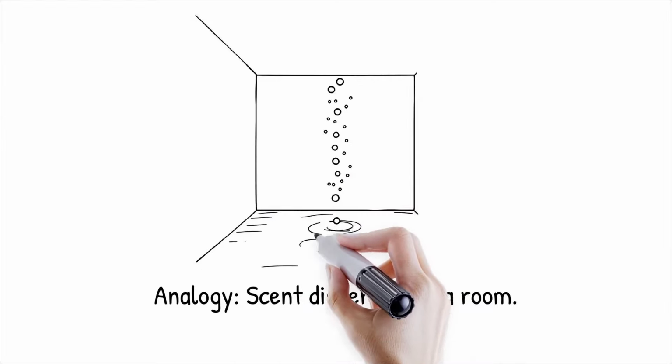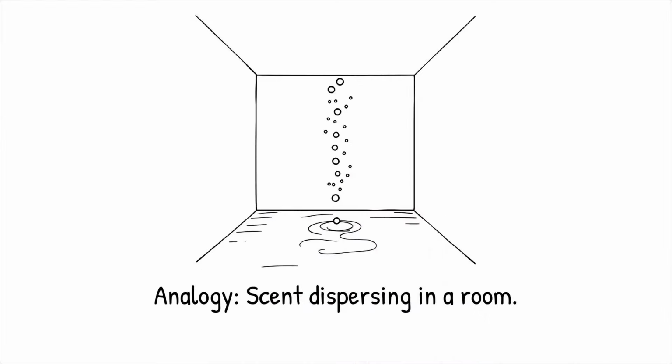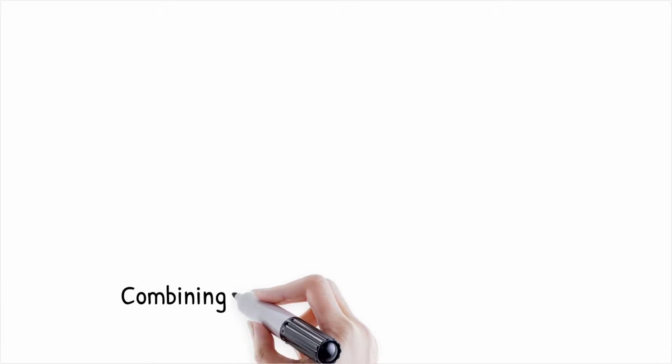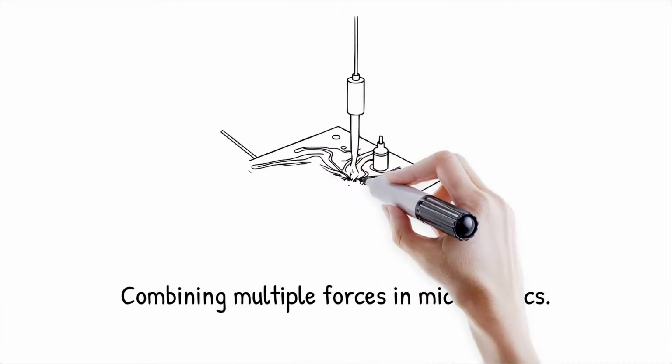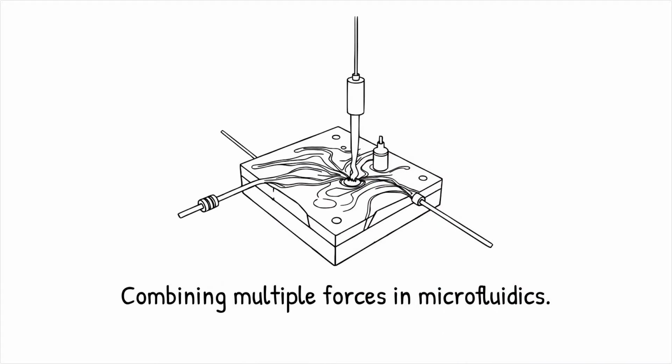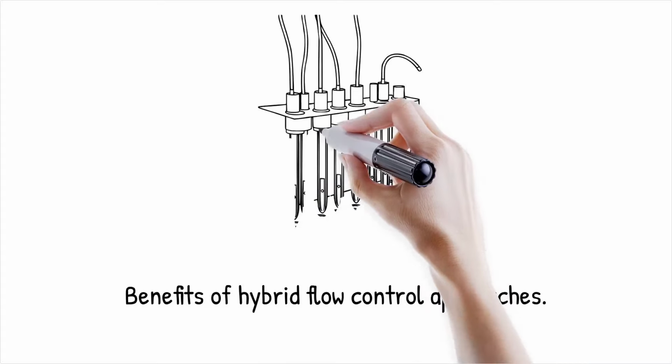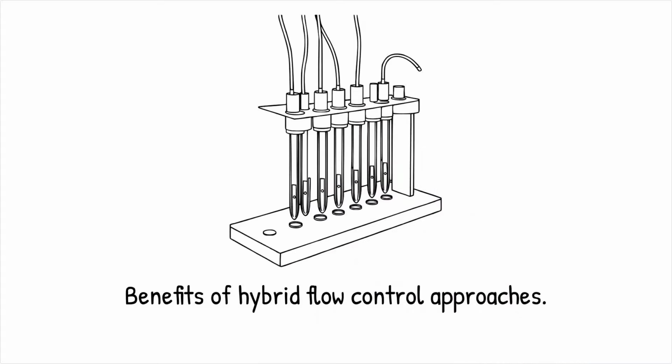Many advanced microfluidic systems integrate multiple flow control mechanisms, such as combining pressure-driven flow with electrokinetic effects or acoustic streaming with magnetic forces. These hybrid approaches enable greater flexibility, precision, and efficiency in fluid handling for high-throughput screening, organ-on-a-chip models, and bioanalytical applications.